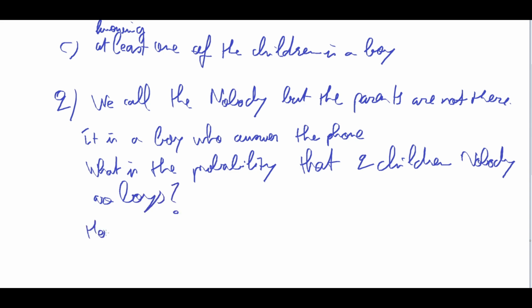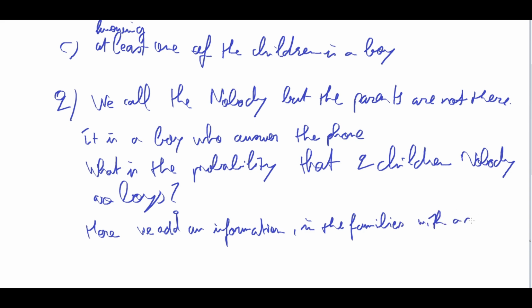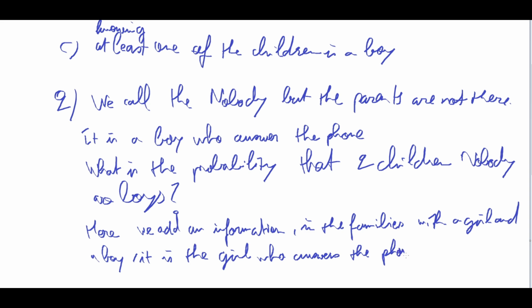Here we also add information in the families with a girl and a boy. It's the girl. It is the girl who answers the phone with a probability P.